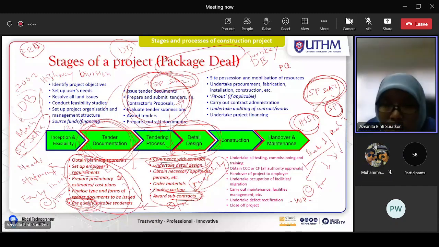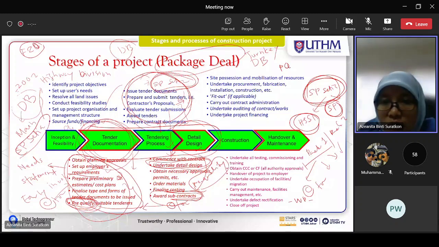So we proceed. Okay, so detailed design. Here, where I can draw. During this detailed design, this is DB, so the contractor, SP Setia, will come up with the design.